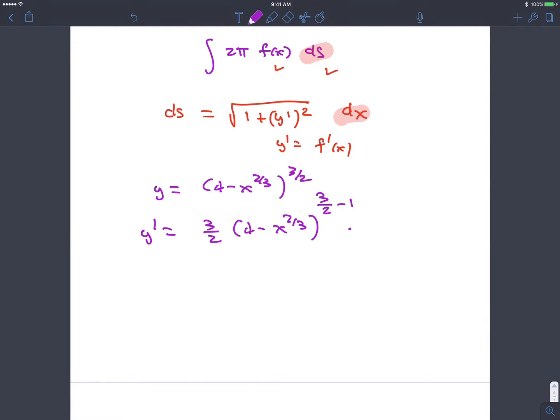In other words, what am I really asking you guys? Don't forget about chain rule. So chain rule is going to give me, looks like, a negative 3/2 x to the 2/3 minus 1 now.